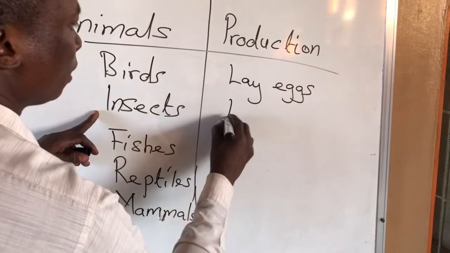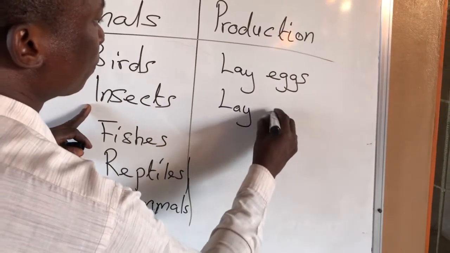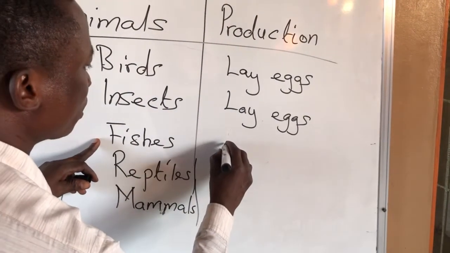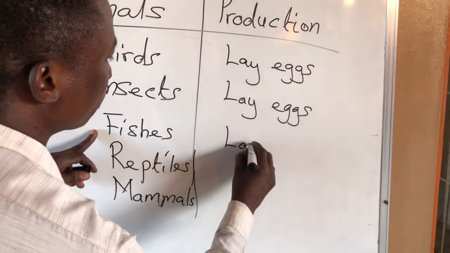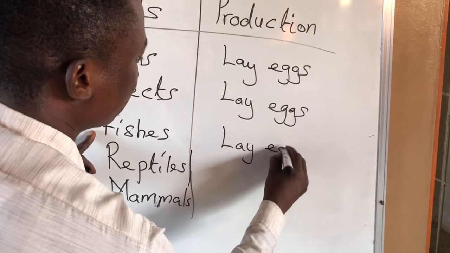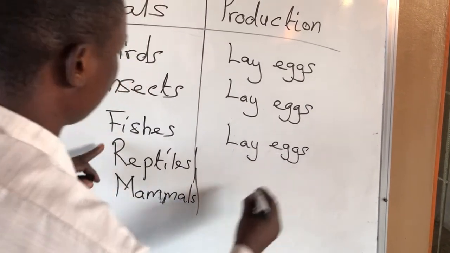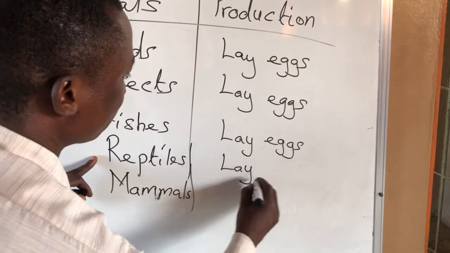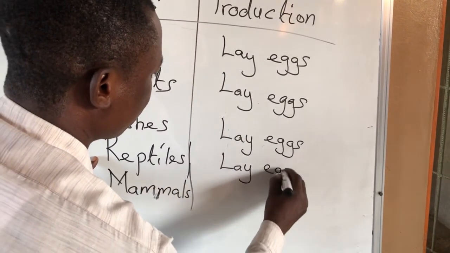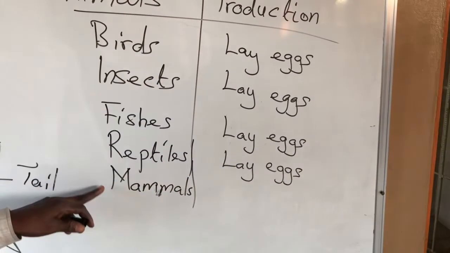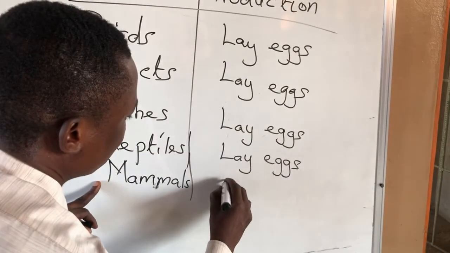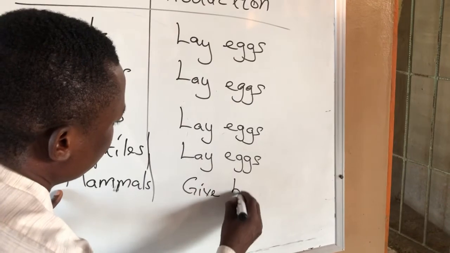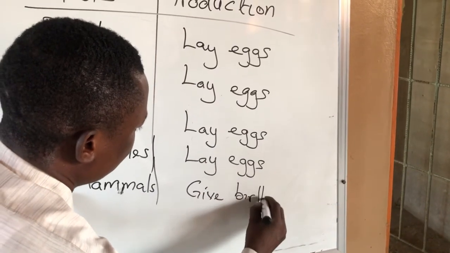Insects lay eggs. Fishes lay eggs. Reptiles lay eggs. Mammals give birth.